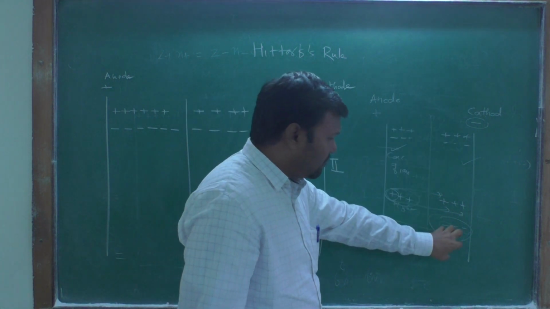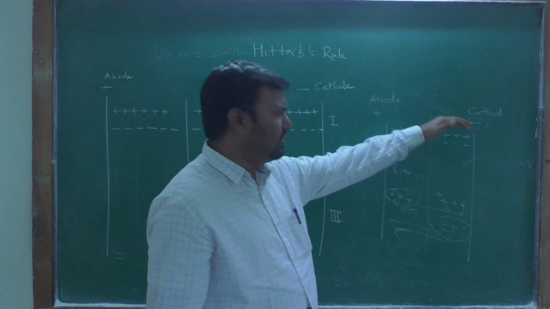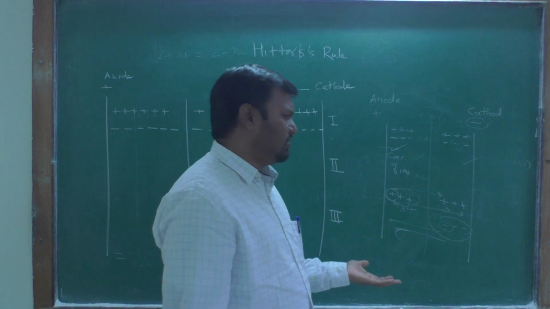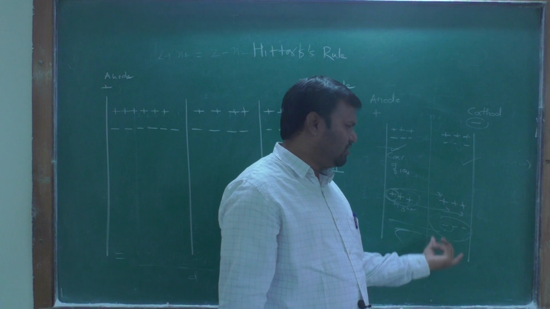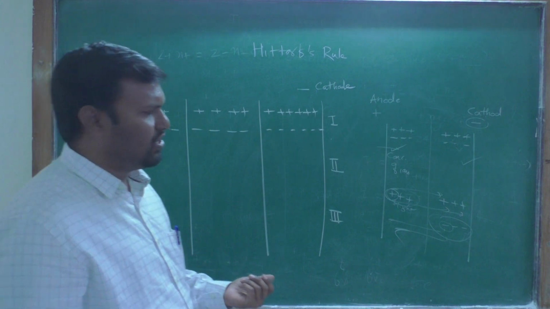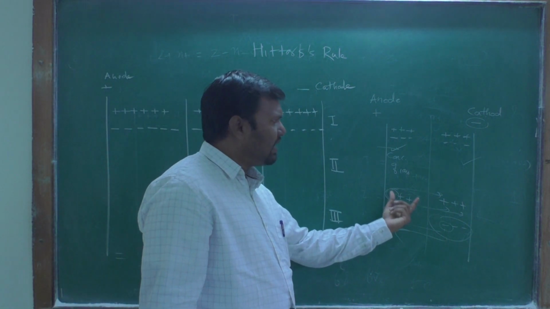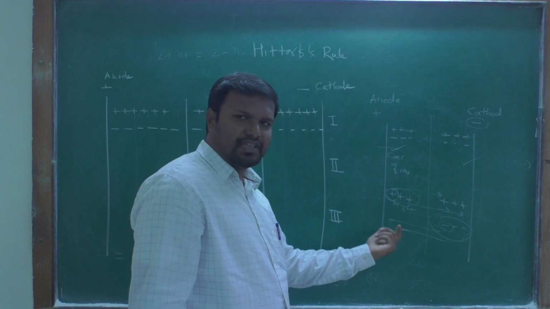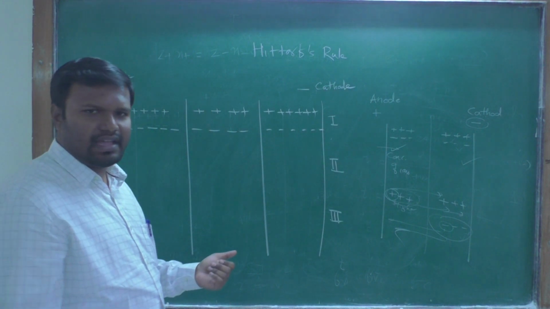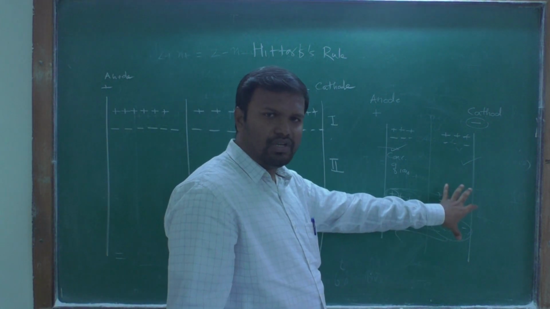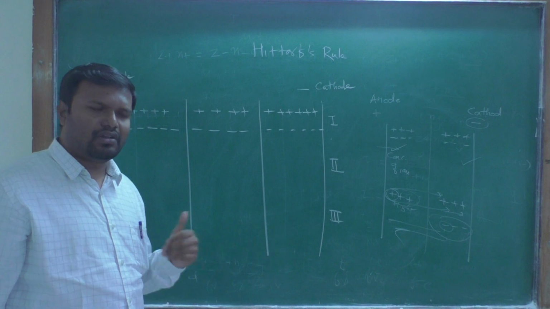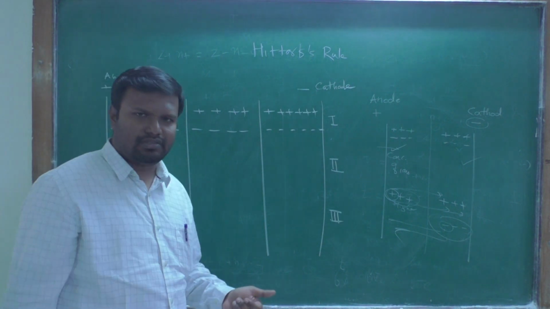Therefore the decrease in concentration of the anion in the cathode compartment is higher than the decrease in concentration of the cation in the anode compartment. So the change in concentration of cations and anions depends upon the velocity of the ions. Hittorf's rule depends upon this.